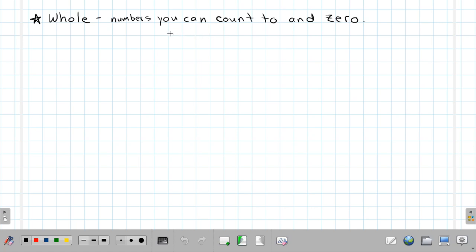So it's all of the integers there except the negatives. So we have 0, 1, 2, 3, 4, 5, 6, 7, and so on and so on, okay? So what you notice with the whole numbers is all these numbers are integers too, okay? The only difference is whole numbers cannot be negative, okay? So what I'm going to put in parentheses here is no negatives.